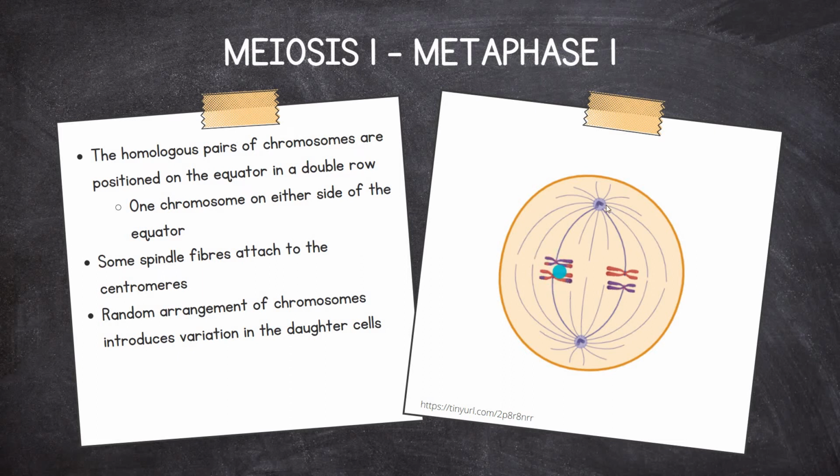Again we have random arrangement, which brings in some more variation. This basically means that in the cells, these 4 chromosomes arranged like this, but they could have also arranged with this one there and that one here. Then those daughter cells will look different. So again, this brings in variation.